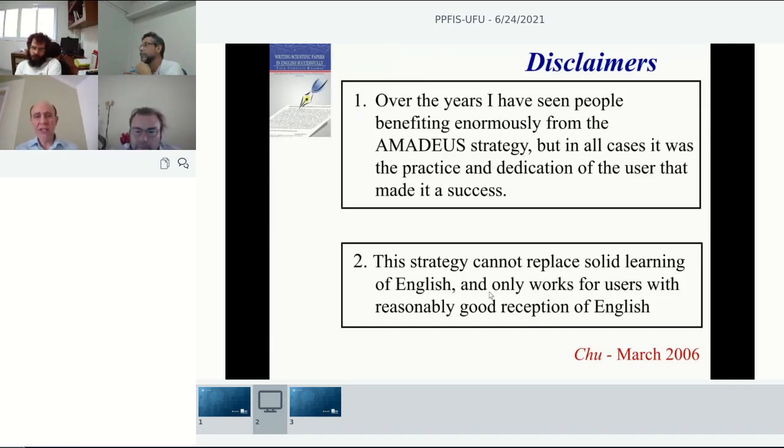So this already requires some basic background knowledge of the user of this strategy. And therefore, if someone really cannot master the language, he or she has to study English before benefiting from this strategy. With this, I finish, and I will be very happy to answer questions.